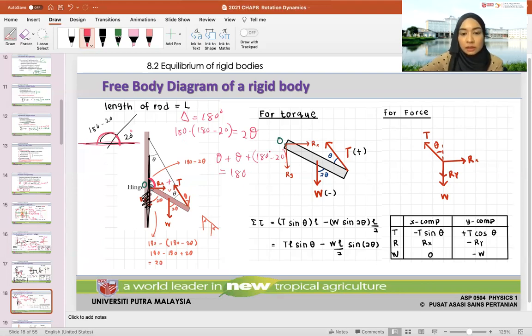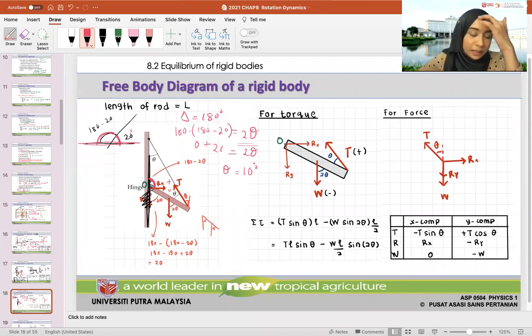So 180 minus this will be equal to 2 theta. This is how I got this equation. Now 180 minus 180 is 0. Minus with a minus 20 is a positive 20. So 20 is equal to 2 theta. Therefore, theta is equal to 10 degrees. Is that right? Yes, that's right.